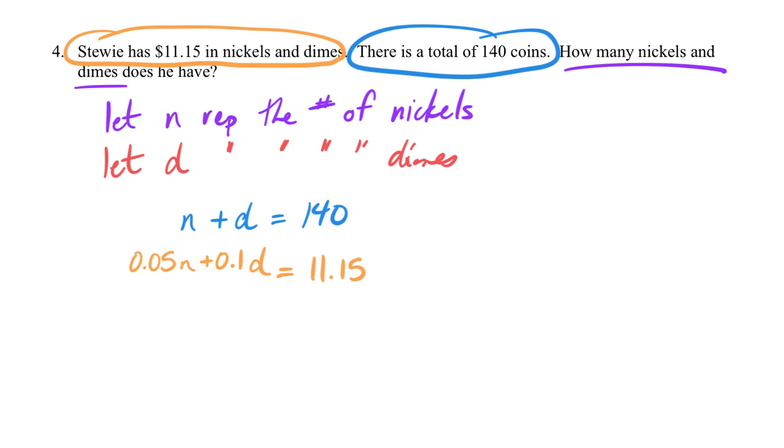Not to jump too deep into it, but solving that system probably means you're going to multiply the first equation by 0.05 or by 0.1 and then use elimination. I think that's a pretty straightforward way to get into solving it. It's actually pretty efficient, even with the system.